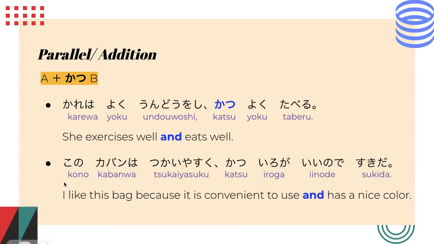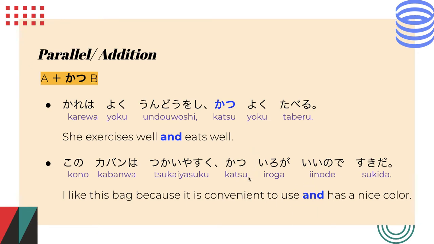To say this in Japanese, it would be このカバンは使いやすくかつ色がいいので好きだ。So the sentence A would be このカバンは使いやすく。It is convenient to use.